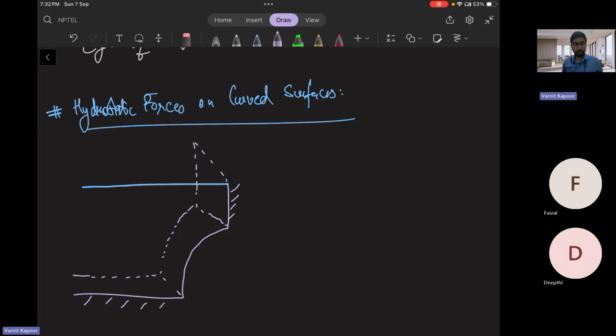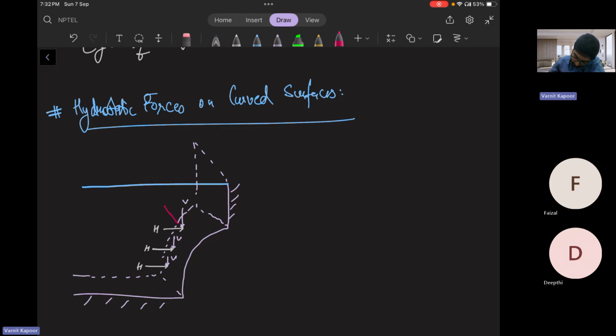Okay, this is my surface, and there will be a horizontal force which will always be acting on the surface, and there will be a vertical force.